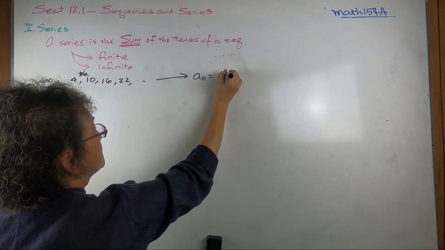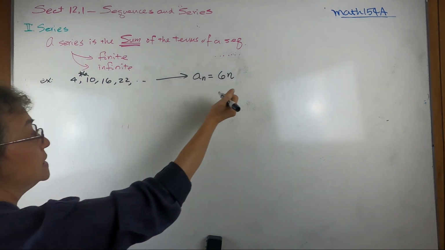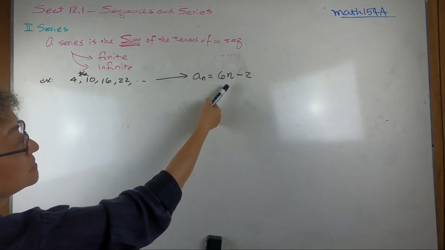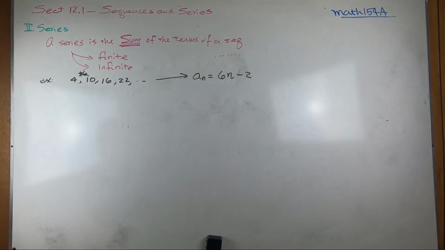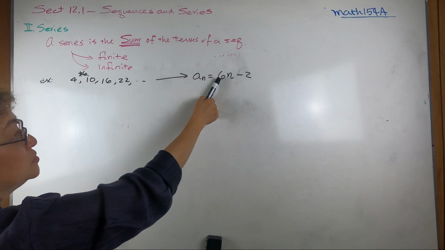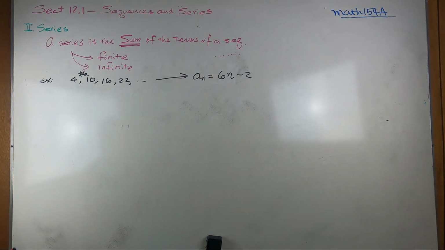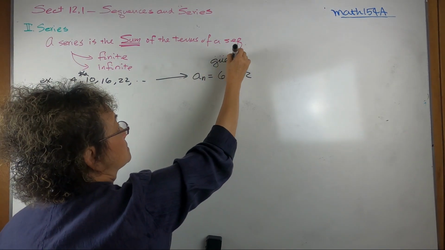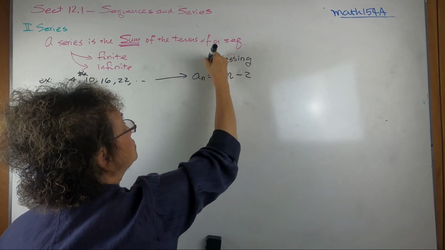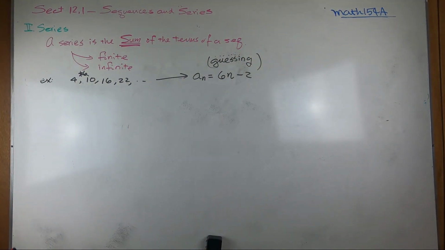That will be 6n. But to fit the first one, you have to minus 2, because 6 times 1 is 6, and 6 minus 2 is 4. The second term will be 2 times 6, 12. 12 minus 2 is 10. We are still guessing. Later on we will find the formula for it, but for now, that's what we do.